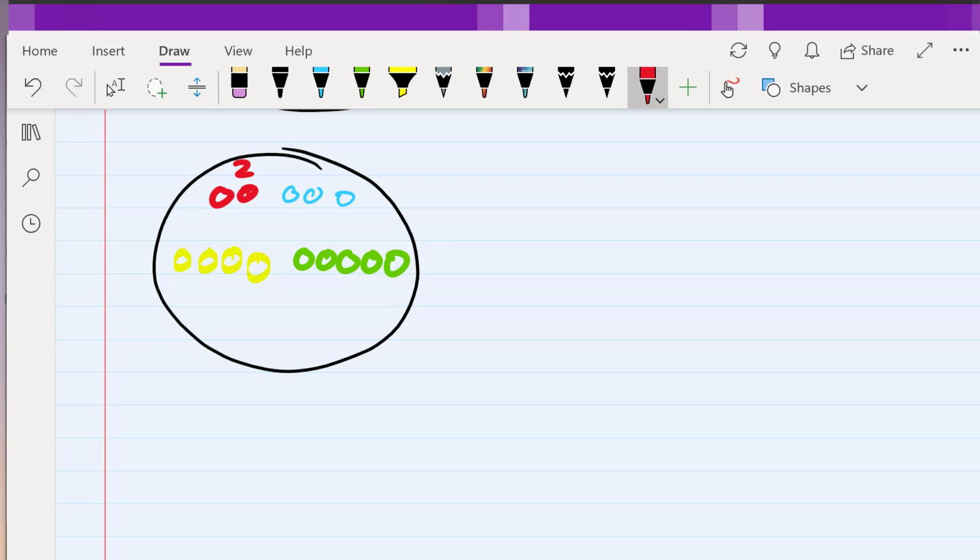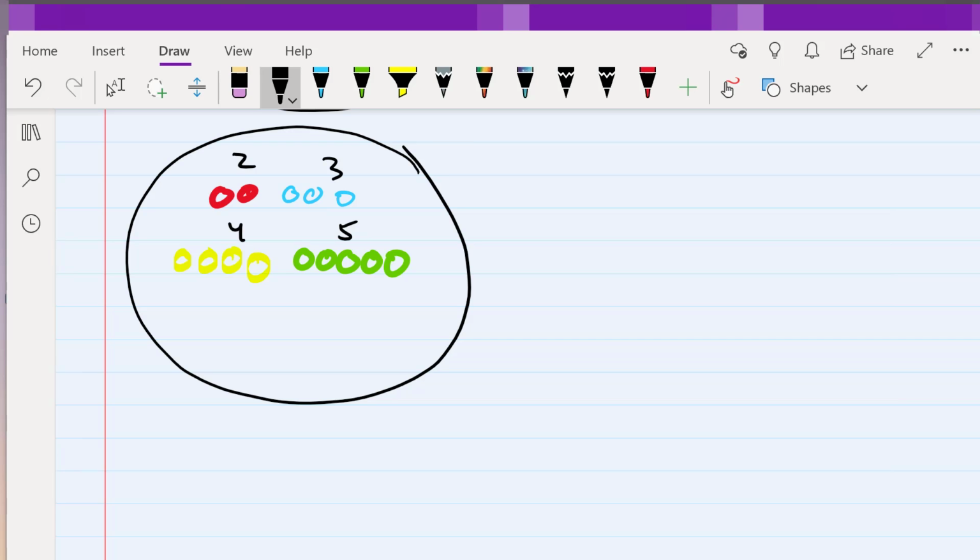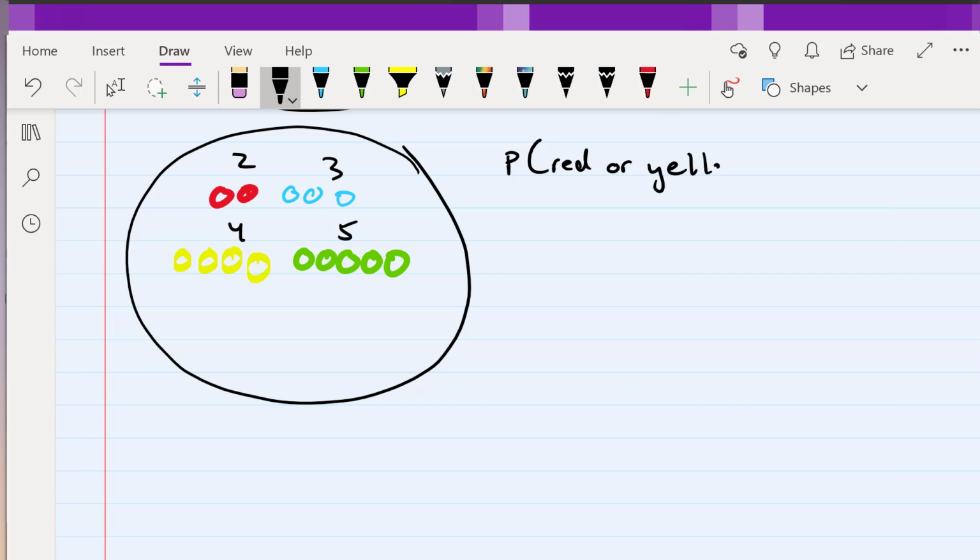So 2, 3, 4, and 5. And I pick 1 chip at random from this bowl. And the question is, what is the probability of choosing a red or a yellow?